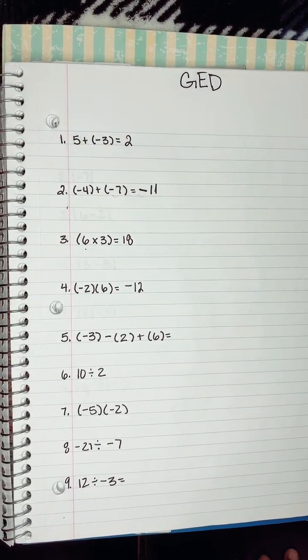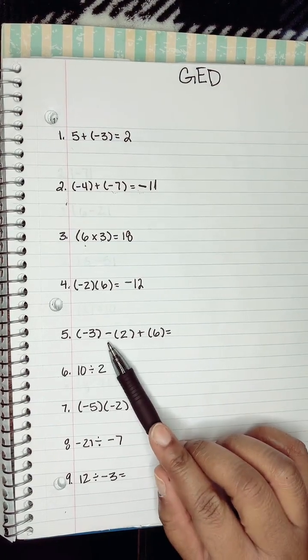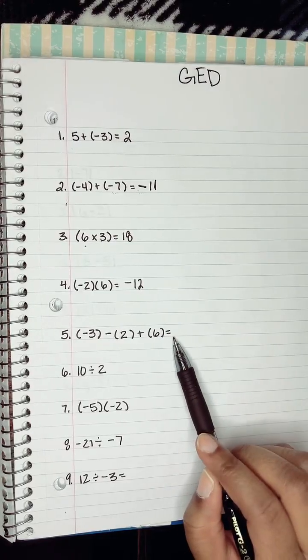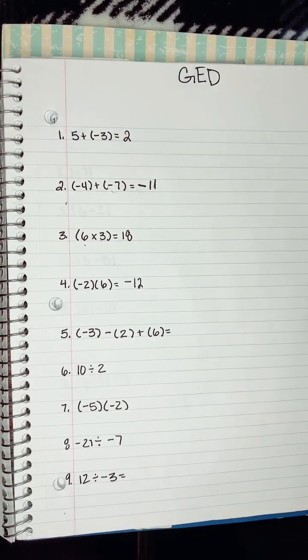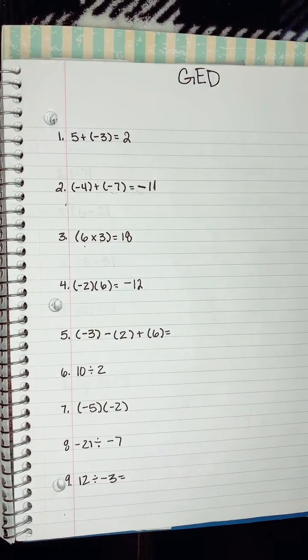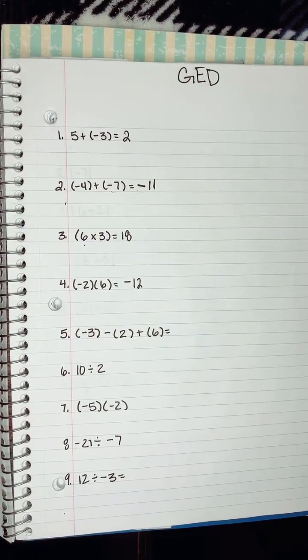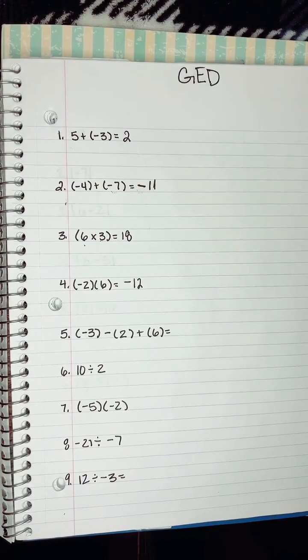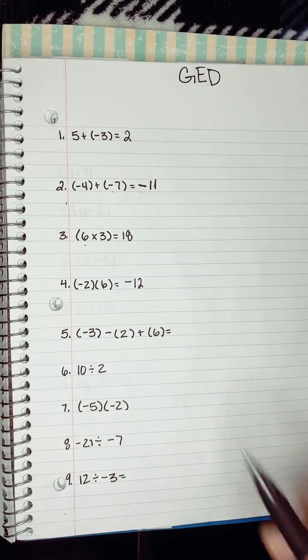All right. Number 5. We have -3 minus 2 plus 6. What do you guys get for this one? Carol said 1. Okay, so let's check it out.